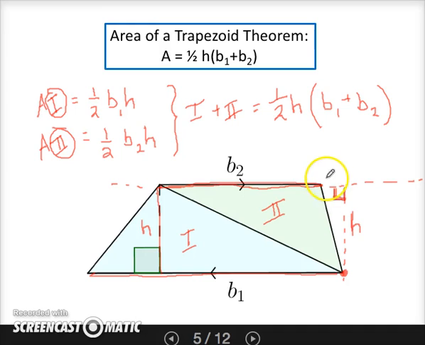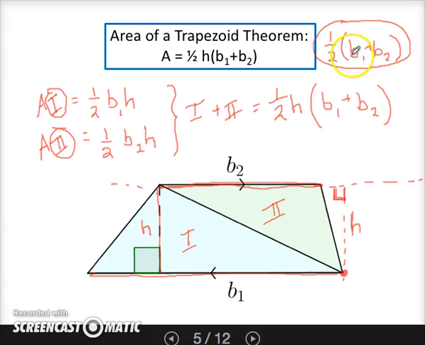So that's a simple little proof, a sketch of a proof for why the area of a trapezoid is what it is. Another way to remember this, though, without having to think through the whole proof, is that the height here is kind of like the height of a rectangle. And we have 1/2 of B1 plus B2. How do we make sense of that? Well, this would actually be like the average between these two bases.